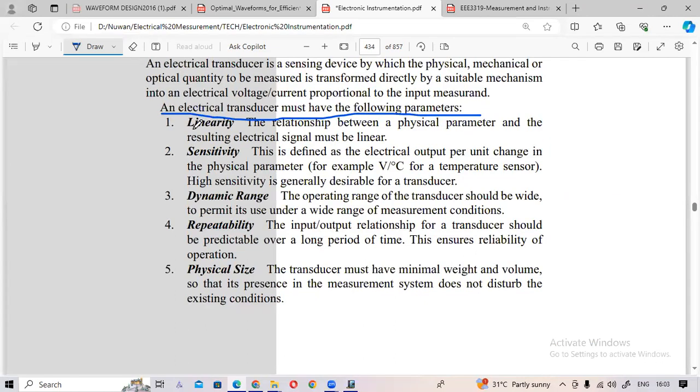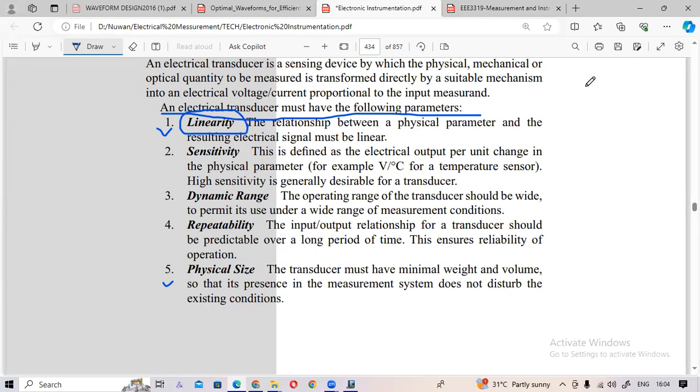Actually, this is a property. And this is also maybe a property. Size is a property or parameter? I don't know. So there are different parameters. This one, linearity. What is linearity?